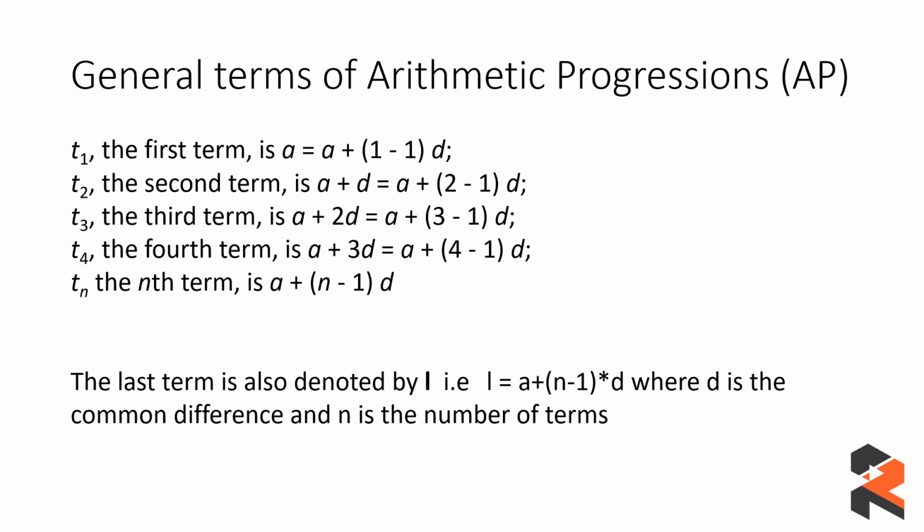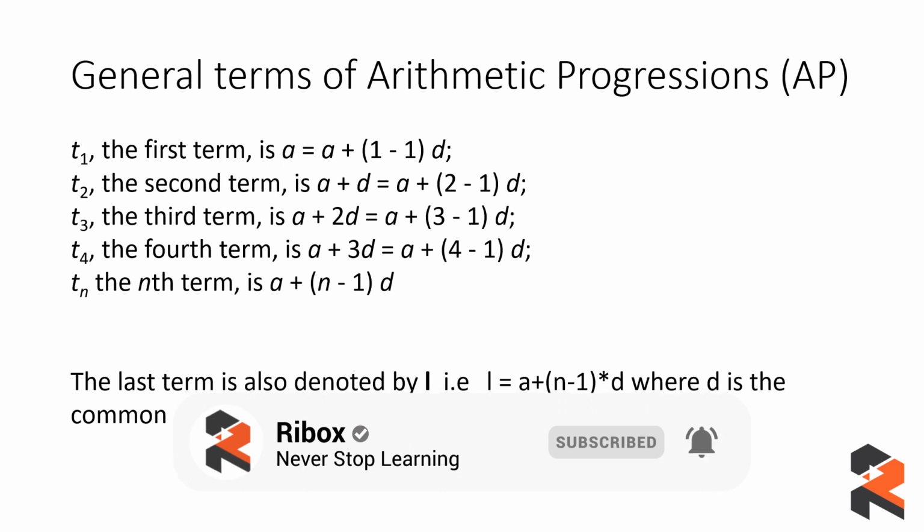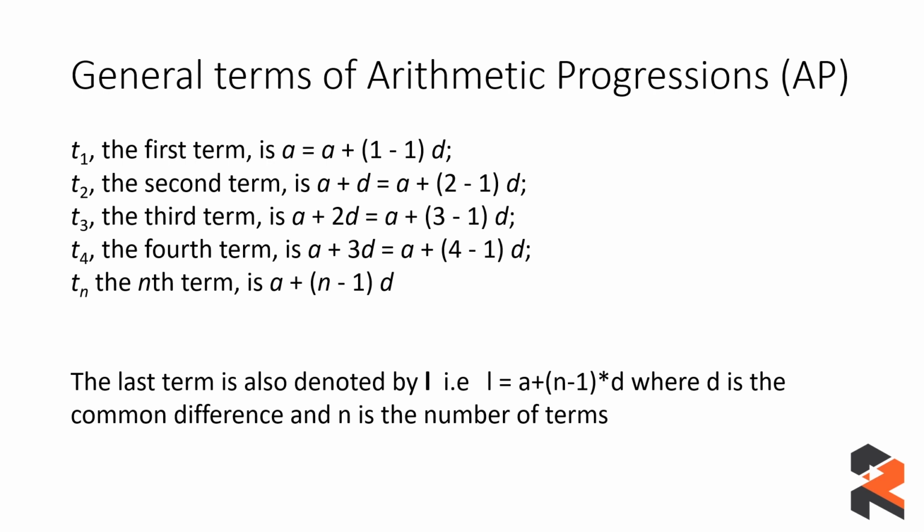For example, the second term of your series will be A plus 1D. The third term will be A plus 2D. The fourth term will be A plus 3D and so on. In a similar manner, the last term can also be calculated. It is denoted by L, and it is calculated as A plus n minus 1 times D, where D is the common difference and n is the number of terms in this series.